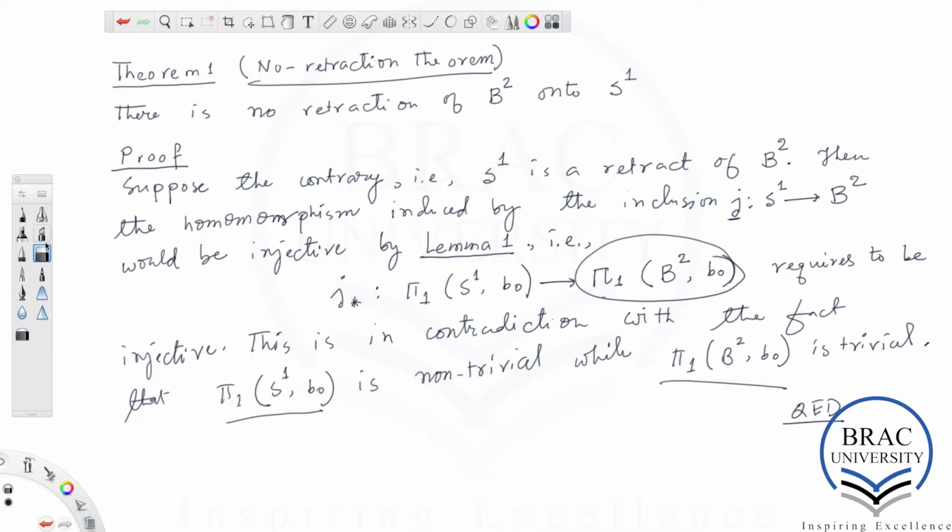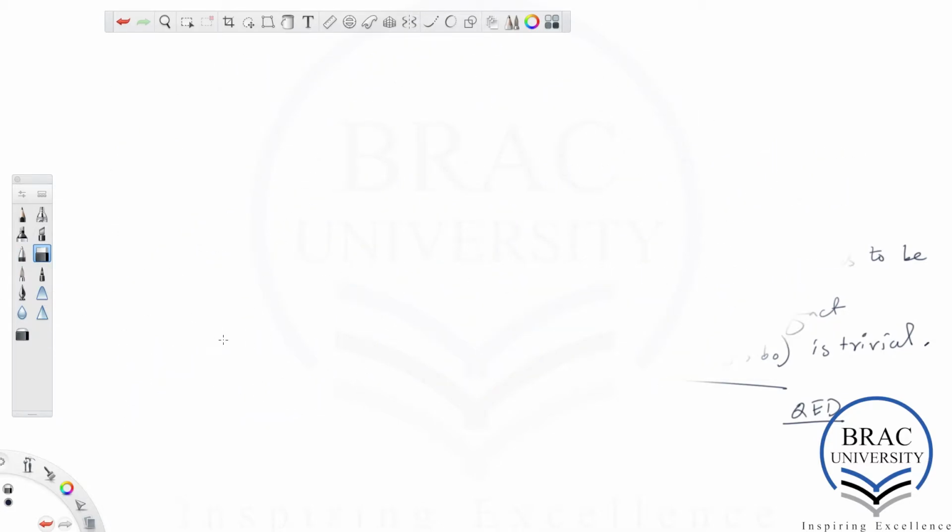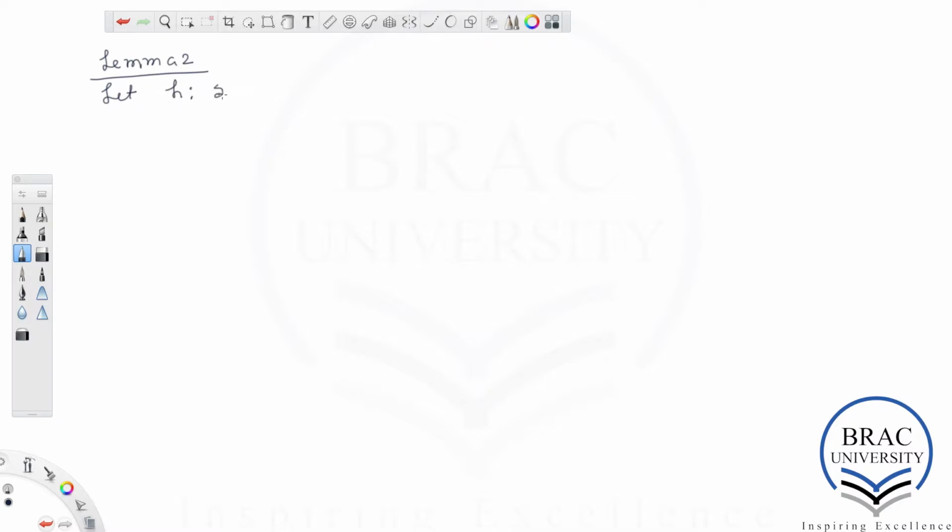Now, a very important lemma that we are going to use throughout the rest of the lecture. We need to state it first and then we'll prove it. Lemma 2: let H, the map H from the unit circle to a given topological space X, be a continuous map. The following statements are equivalent. 1.